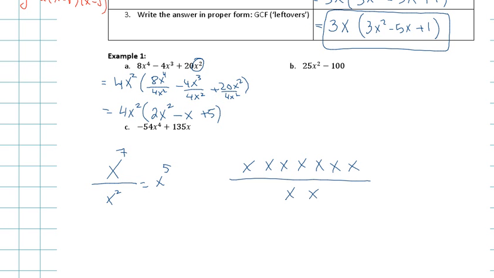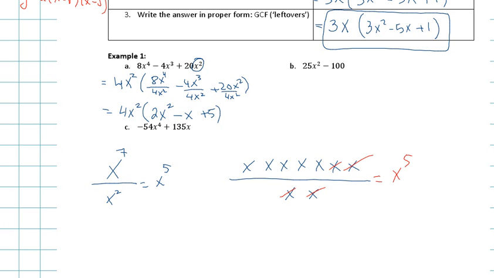Okay. Now if I want to simplify, I have to eliminate, right? So I have to get rid of common things. So I'm going to get rid of an x and an x, and I'm going to get rid of an x and an x. What do I have left? That's 5. It's not 5x, it's x to the power of 5. Okay? 5x, if you're adding them, then they become 5x.